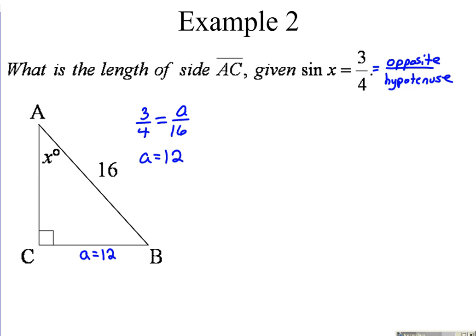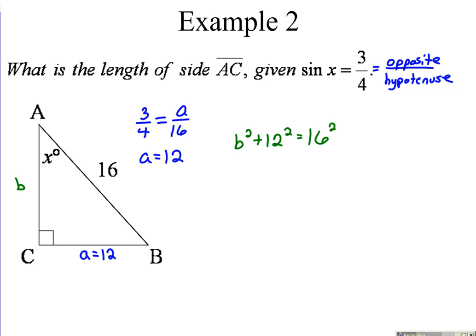Now what we're looking for is the length of AC here, which I am just going to call B since it's opposite angle B. Well, if I have a right triangle and I know two sides, we can always find the third side by using the Pythagorean theorem. Let's do that. Leg squared plus leg squared equals hypotenuse squared.